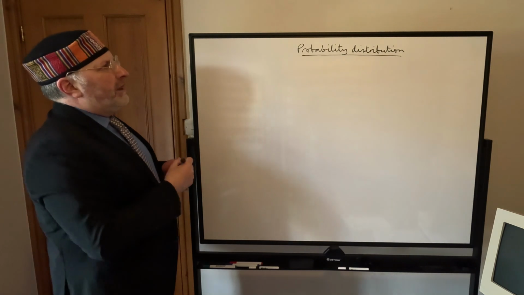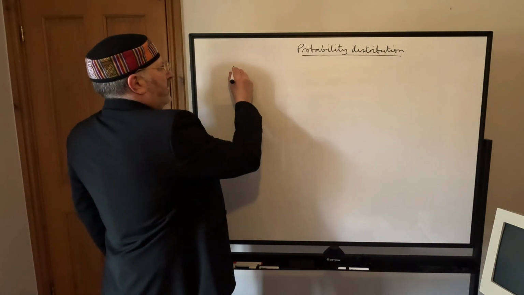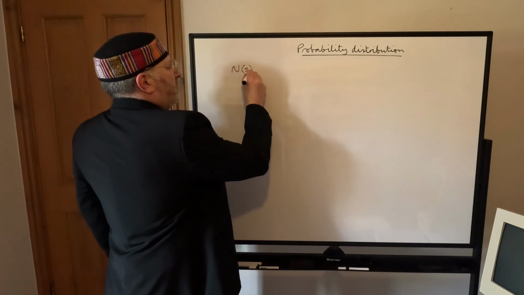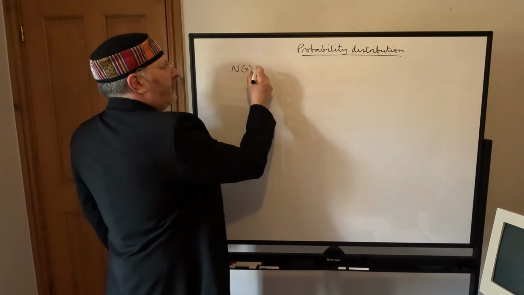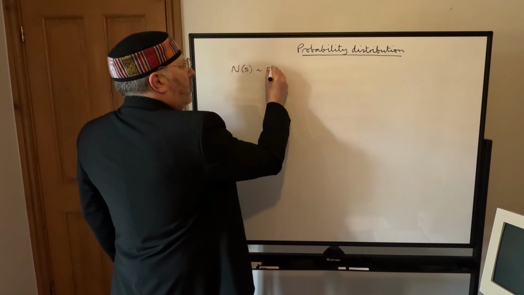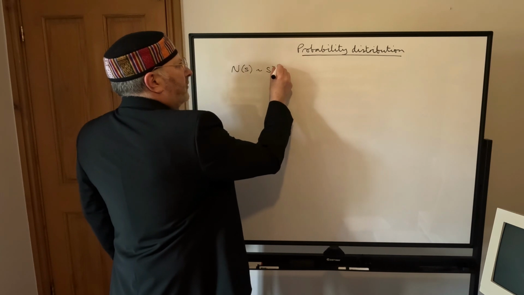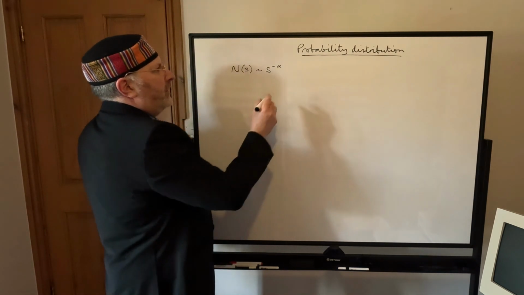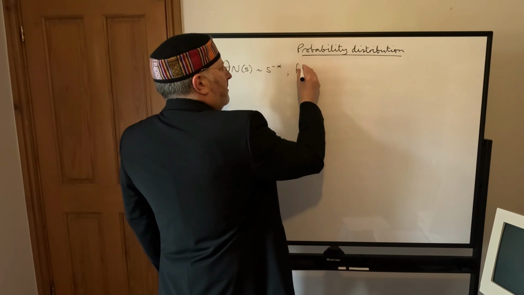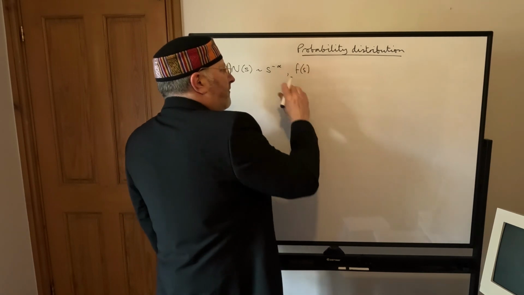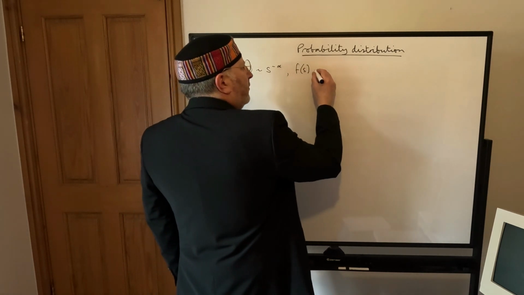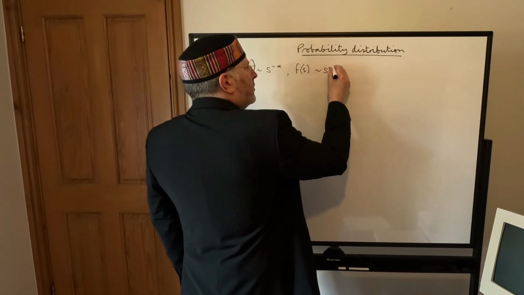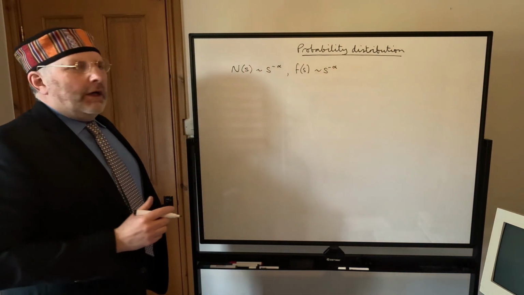Okay, so we've considered the possibility that we've got data that is distributed with the number of size s being a power law proportional to s to the minus alpha, and we know that that implies that the frequency of items of size s is also a power law proportional to s to the minus alpha.